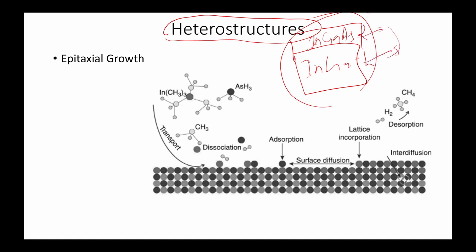If there is an interface between two different types of semiconductors, this is a heterostructure. Two or more semiconductors in a device is known as a heterostructure.